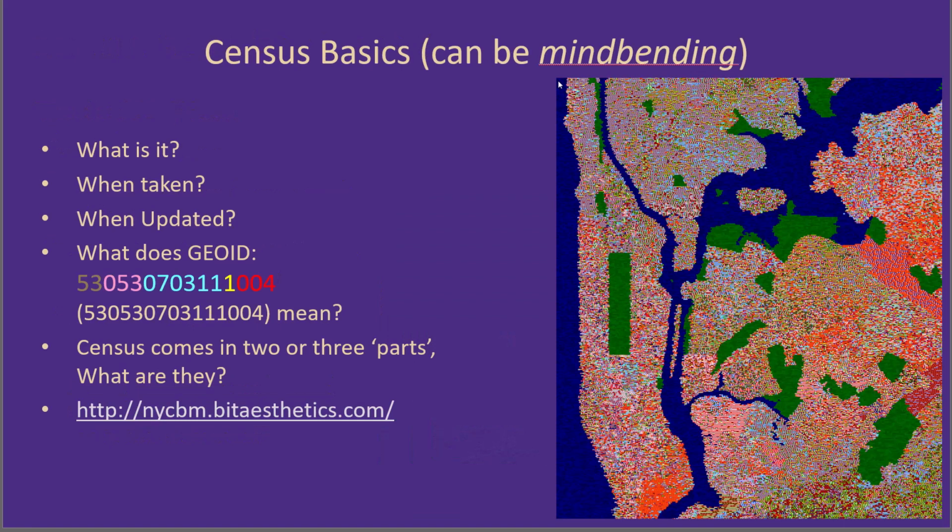In terms of the census, we're just covering the basics. You probably already know what it is and when it's taken and when it's updated. You may not be aware of all the coding. So this number that begins with 53 and is symbolized in different colors for a reason, you'll come across that in a minute.